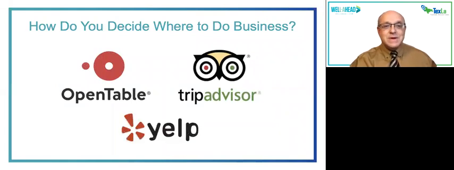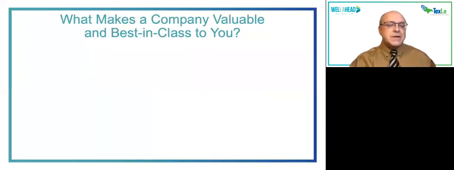And of course, if I'm going to figure out which restaurant's best and has a lot of people liking it, I'm going to go to Yelp. So all of these are online places where I can go and figure out where I'm going to get some value for my planned purchase, right?